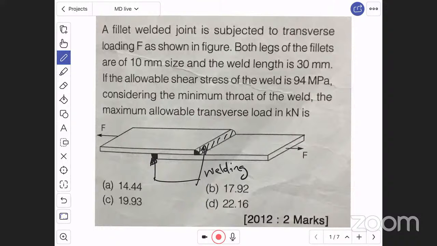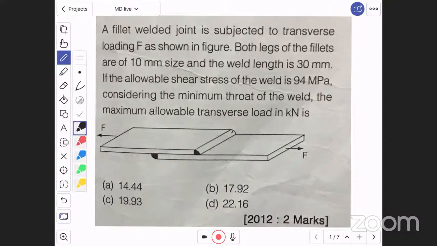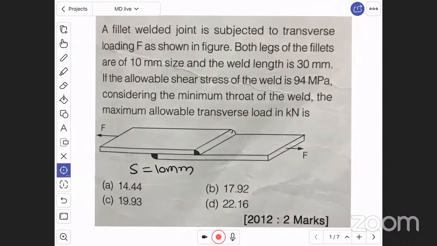Now let us go to the question again. A fillet welded joint is subjected to transverse loading F as shown in figure. Both legs of the fillet weld are 10 mm size. Both legs means leg size is given, that is S is equal to 10 mm. And the weld length is 30 mm.